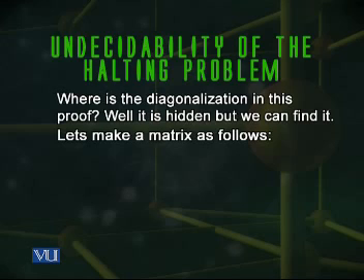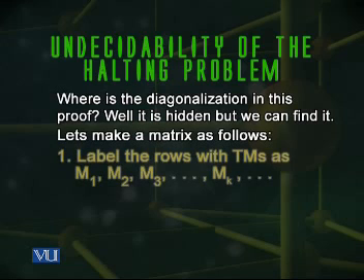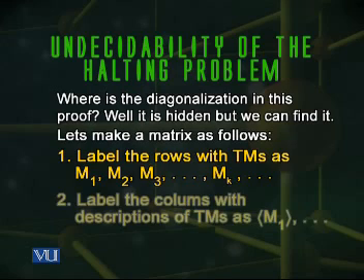Where is the diagonalization in this proof? Well, it is hidden, but we can find it. Let's make a matrix as follows. Let's label the rows of an infinite matrix by Turing machines M1, M2, M3, and so on. Let's label the columns of this matrix by descriptions of these Turing machines.